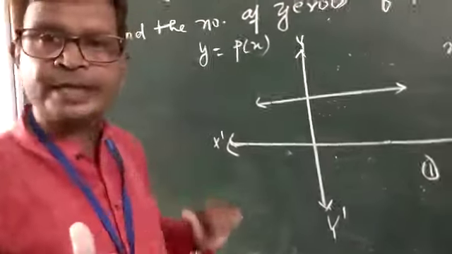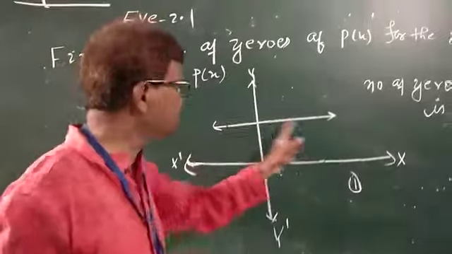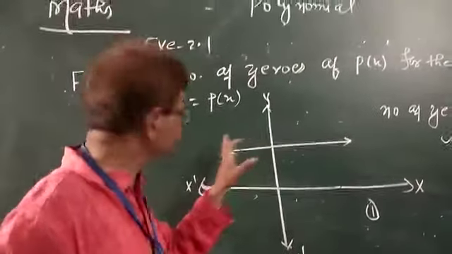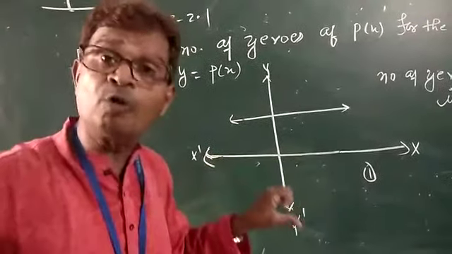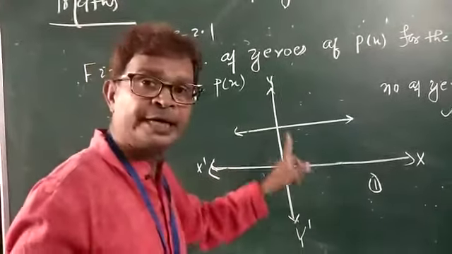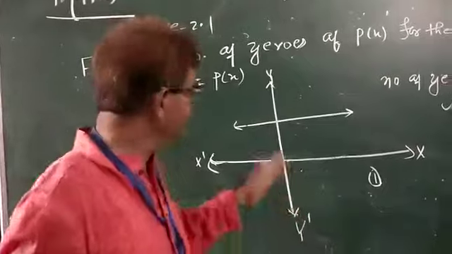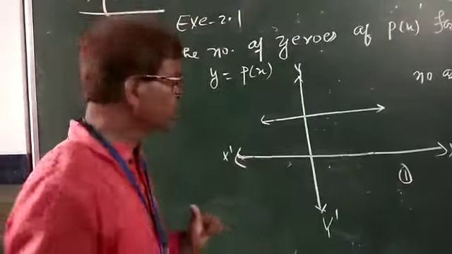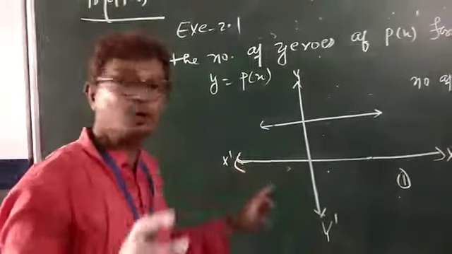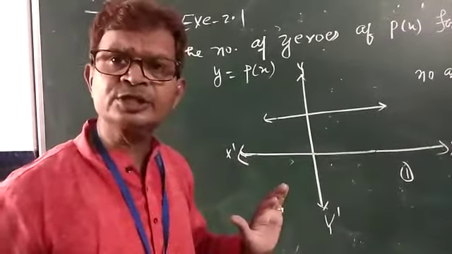In this first diagram, you can see this graph. This is the line of the graph. And you have to determine how many times this graph intersects the x-axis. By the first diagram, it is clear that this graph does not intersect the x-axis.